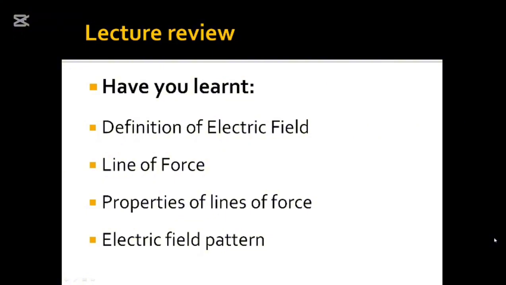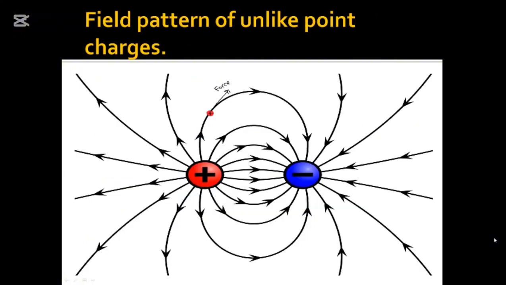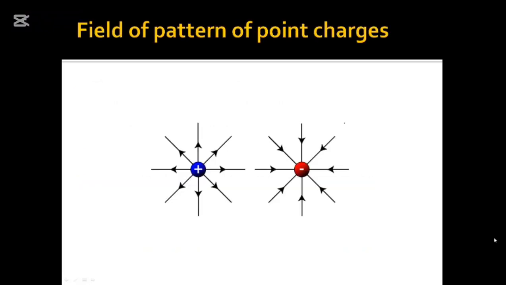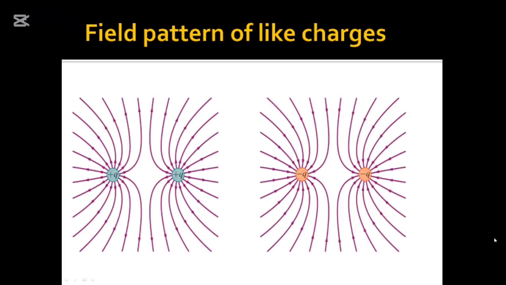Then electric field pattern, we said when they are point charges, like here, you can see it is originating from positive, while the negative is terminating or receiving there. Now, for two like charges, positive, positive, both are producing; negative, negative, both are receiving.